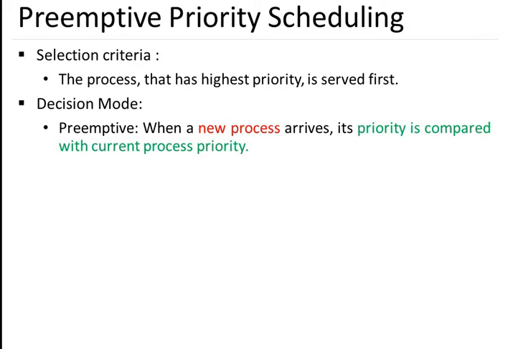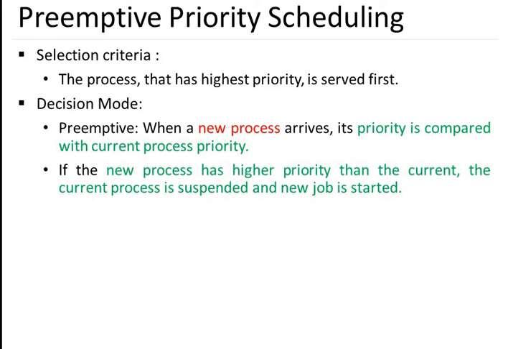So what does pre-emptive mean? When a new process arrives, its priority is compared with the current process priority. If the new process has higher priority than the current one, then the current process is suspended and the new job is started. Why? Because it is our policy that the higher priority process gets scheduled.